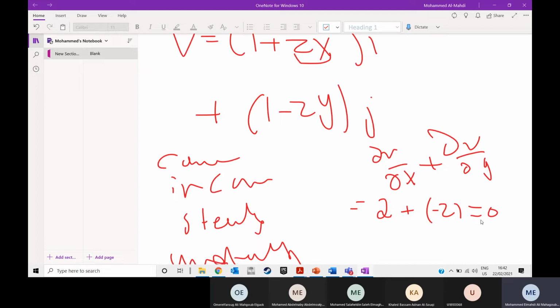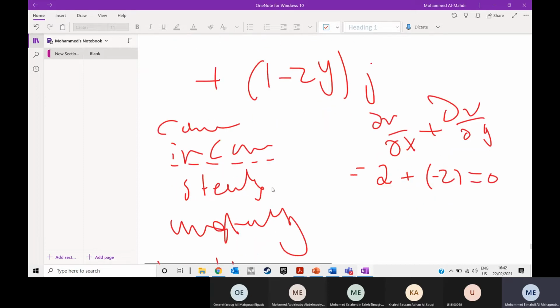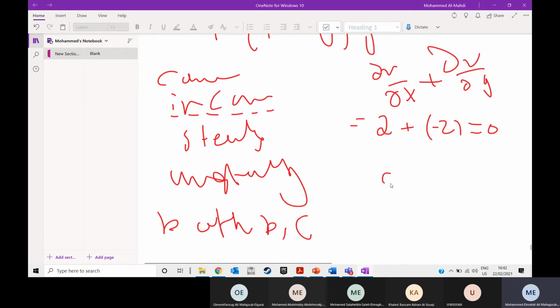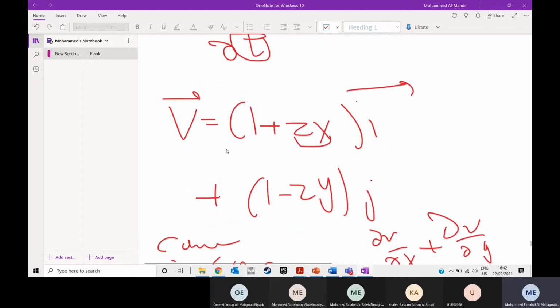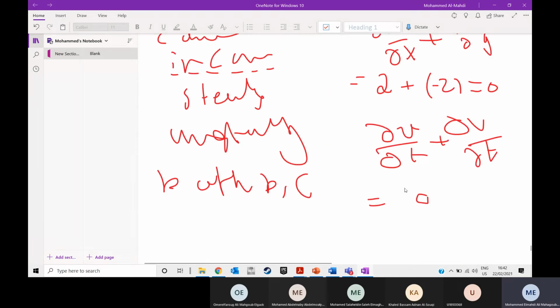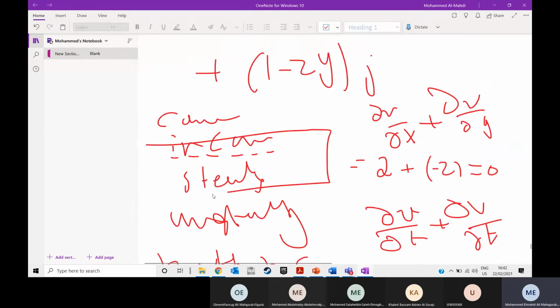So it is equal to 0. So the flow is incompressible. Now check for steadiness: partial U by partial T plus partial V by partial T. There is no time anywhere in the equation, so it is 0. So the flow is also steady. So both this and this.